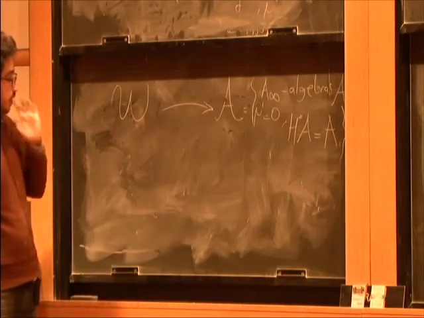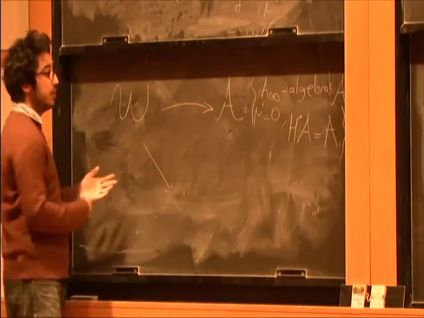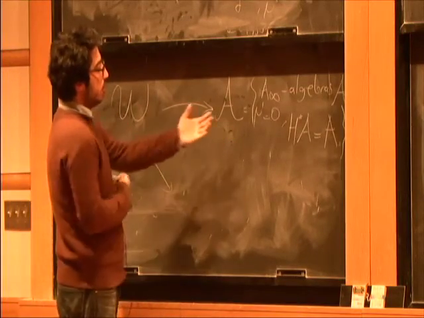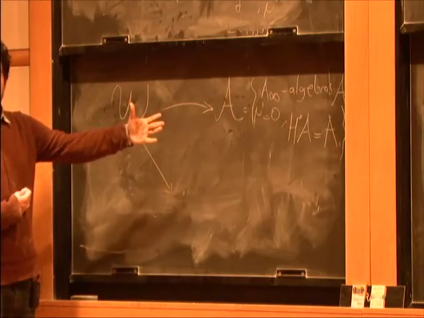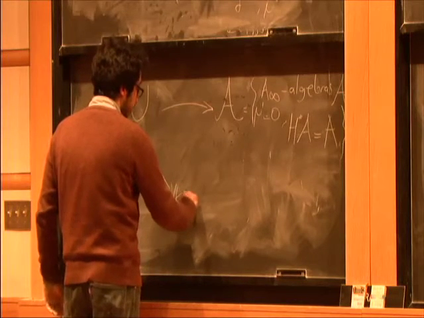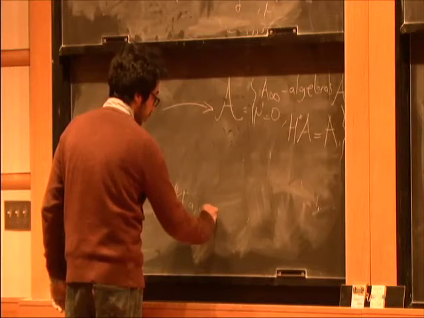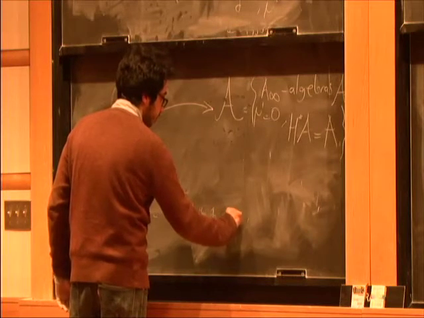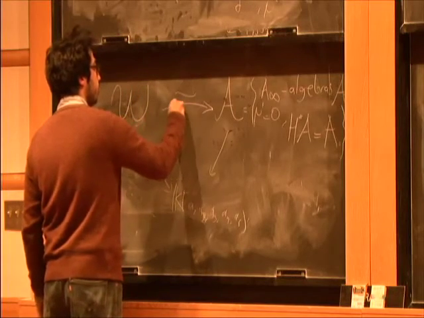But it turns out, in this case, we can actually make this into a scheme, and then this map is an isomorphism of schemes. So this map is over these coefficients.